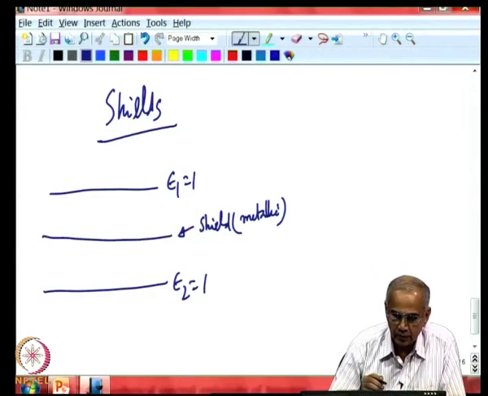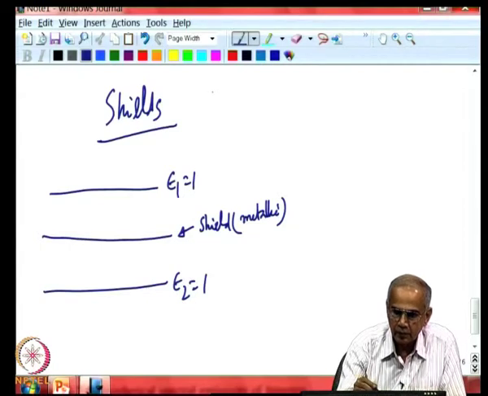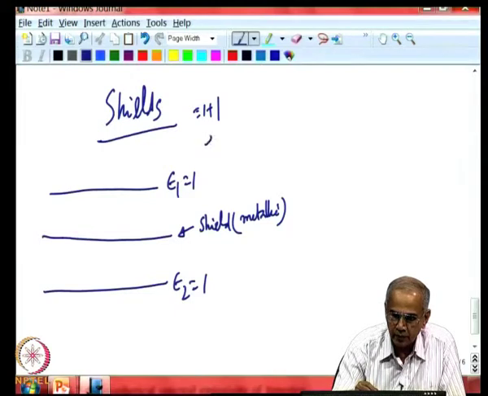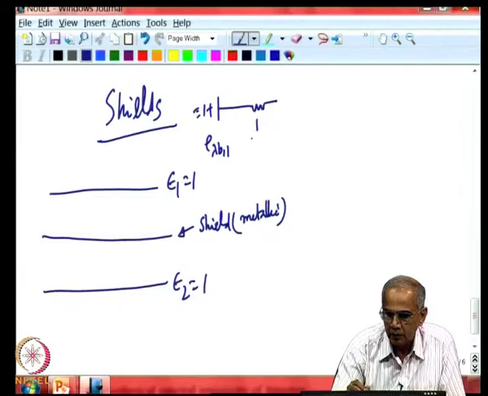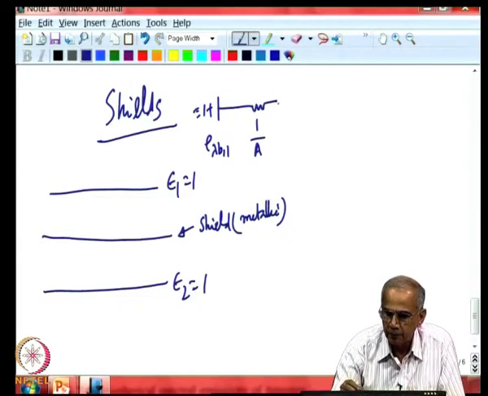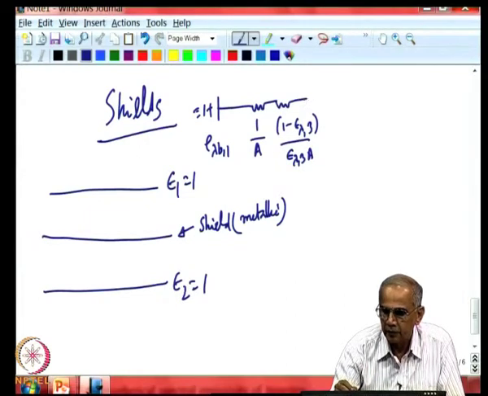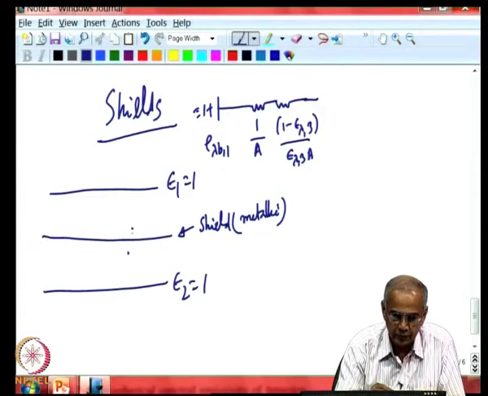So, let us draw the electrical analogy here. So, you have E lambda B 1 here, there is no surface resistance, emissivity equals 1, straight away you go to the geometric resistance, and then you come to the metal here, which will be 1 minus epsilon lambda 3 by epsilon lambda 3 A, and then you have the other surface of metal, both surfaces are to be counted.